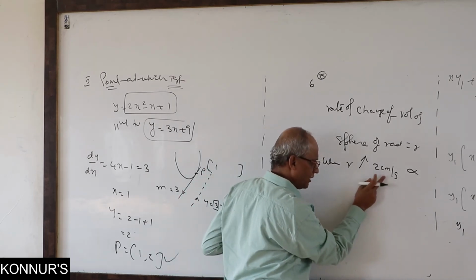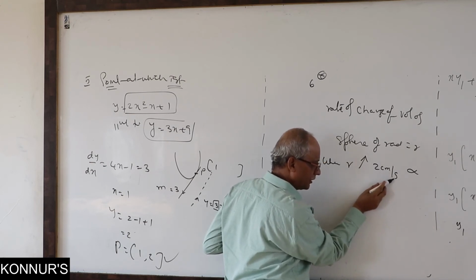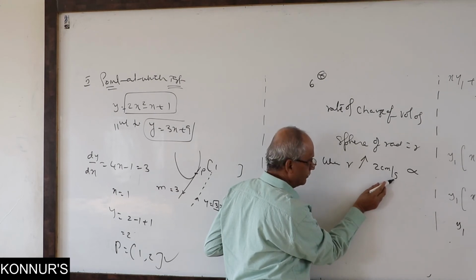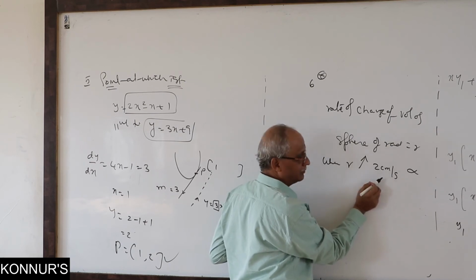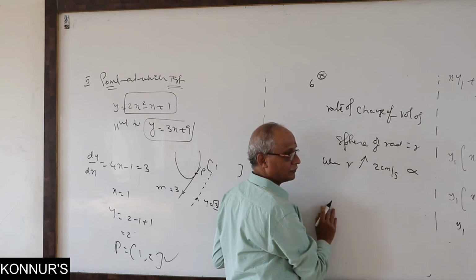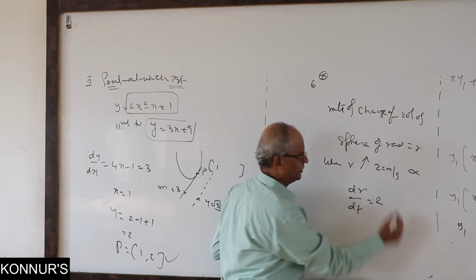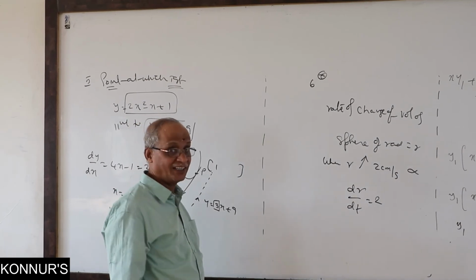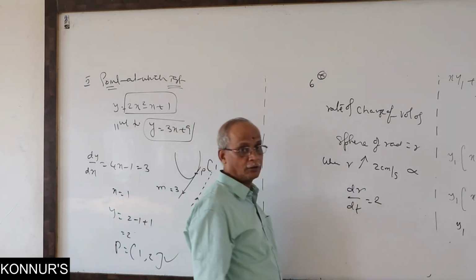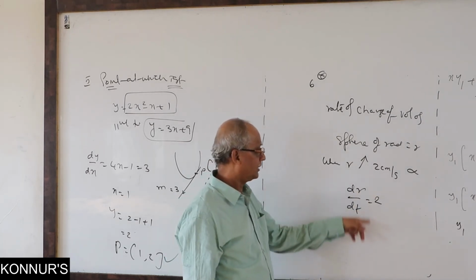As per the dimensional formula in physics, how do you mention this? Centimeter per second: distance over time, ds by dt. Because it is a radius, distance becomes length. Indirectly both are the same. So what is given here? dr by dt is how much? 2. That is called the rate of change of radius. Increasing means a positive value. If they write decreasing, you have to put a minus sign. So this is the data.